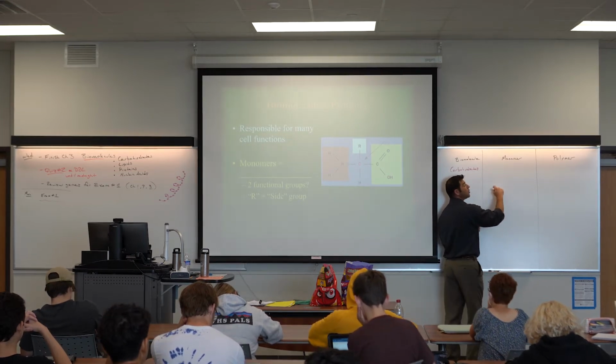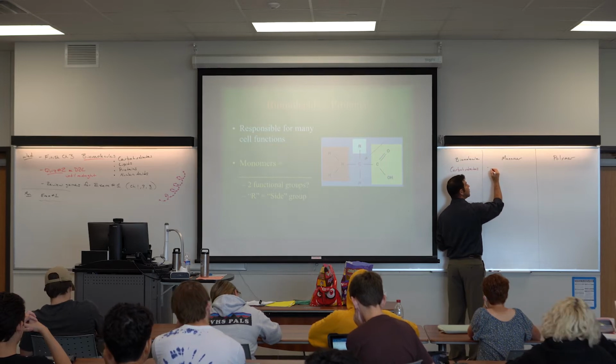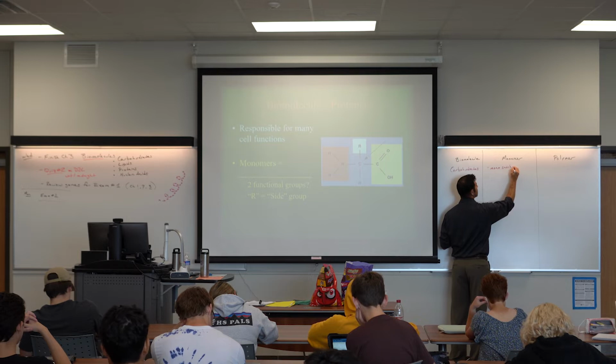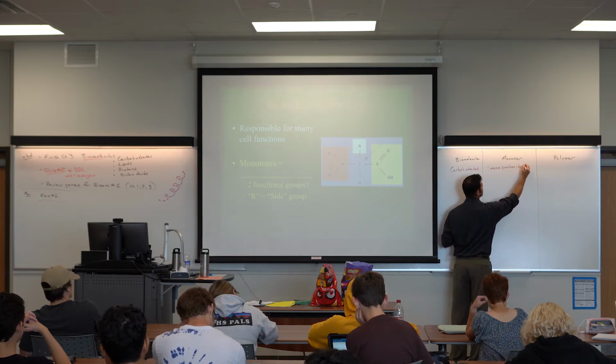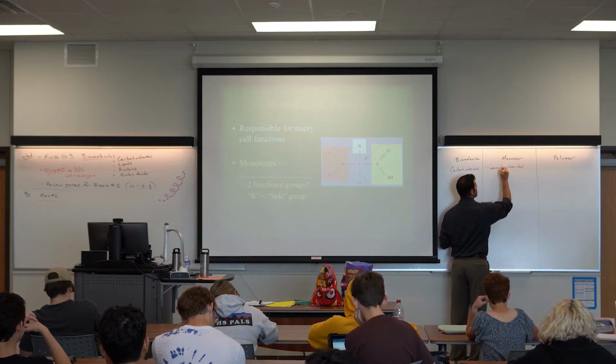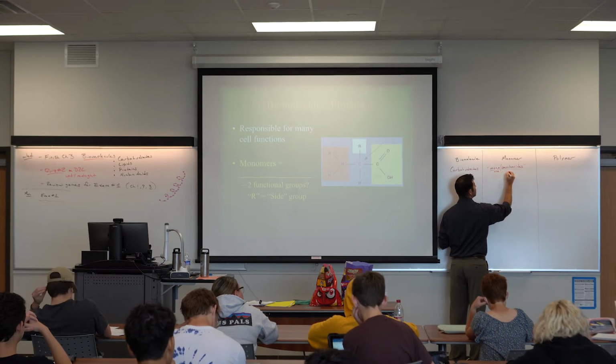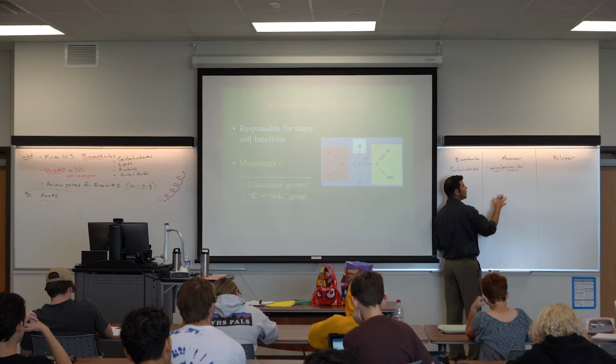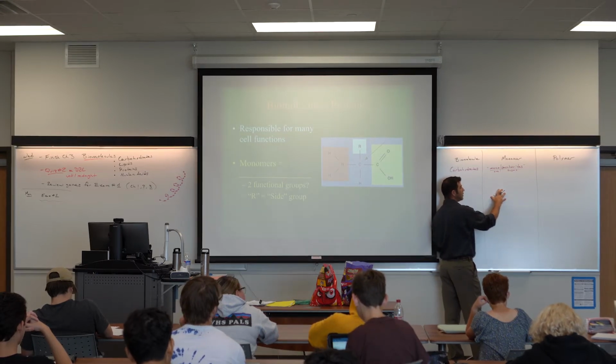All of these monomers fell under the category of what we would call monosaccharides. Mono, we said, was 1. Saccharides are sugars. Can anybody remember what some of those monosaccharides were?